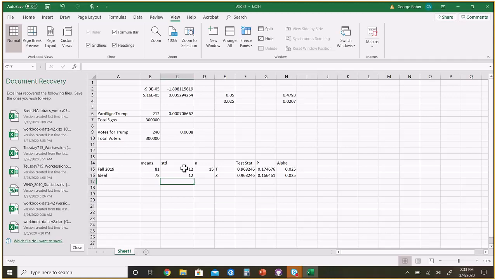Okay. And as the sample size increased to 30, watch, these numbers are still not too close, but eventually they'll get really close together.